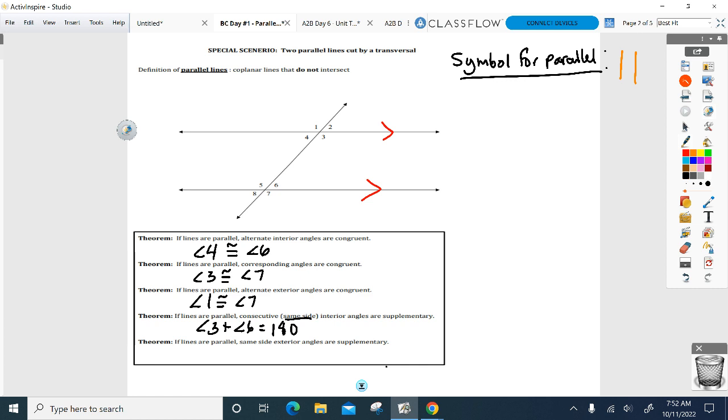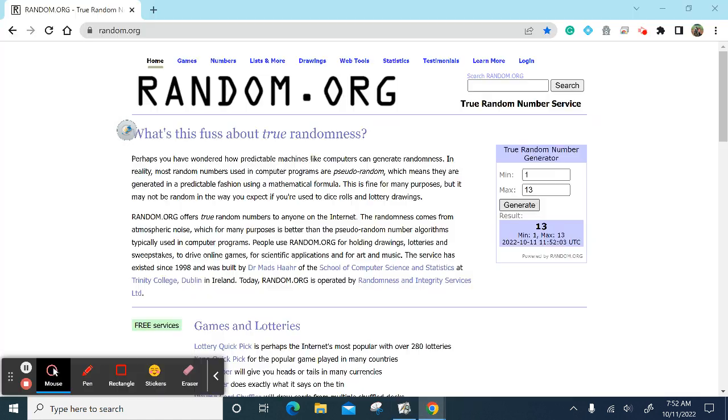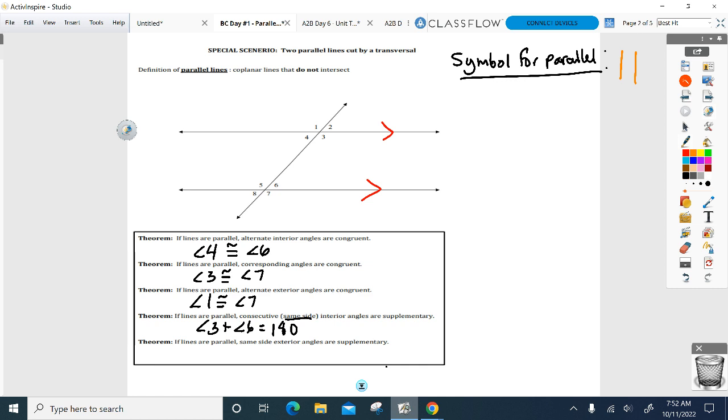The other pair that are supplementary, same side exterior. So the same side interiors, and now same side exterior. Give me a pair that's same side exterior. 1 and 8.